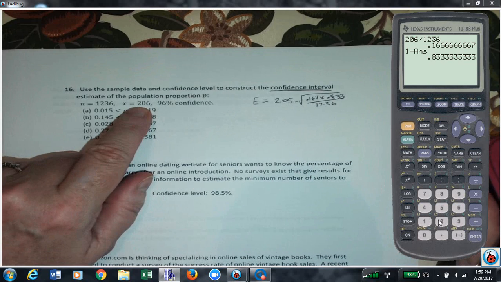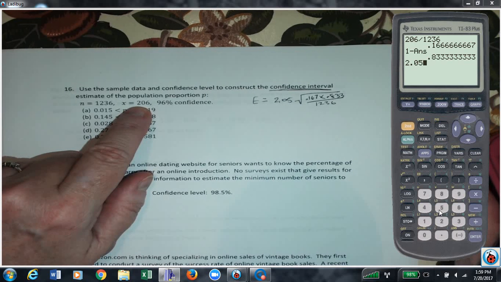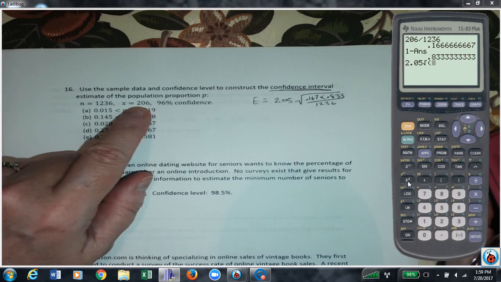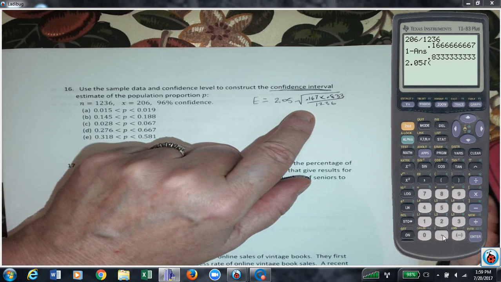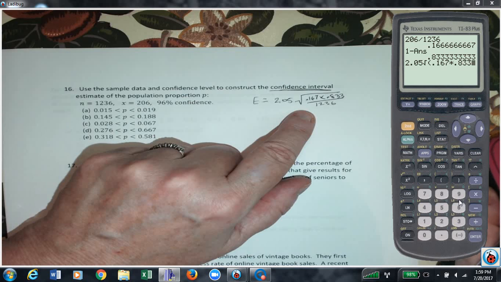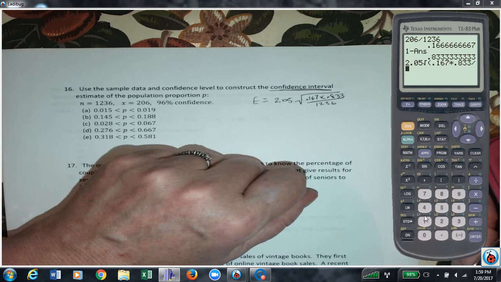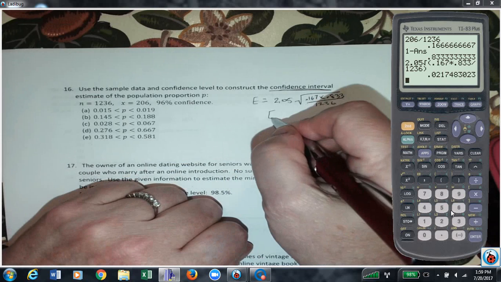So let's see what we have, 2.05. And I can either do the multiplication symbol or just do the square root symbol. 0.167 times 0.833 divided by 1236. And that's my E.